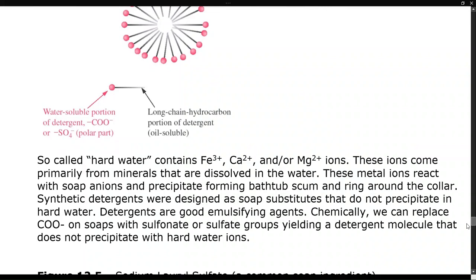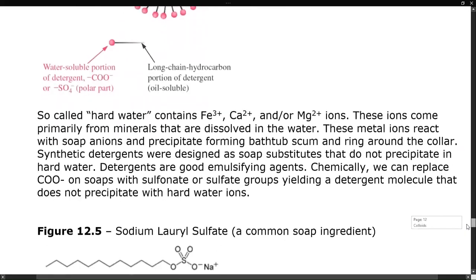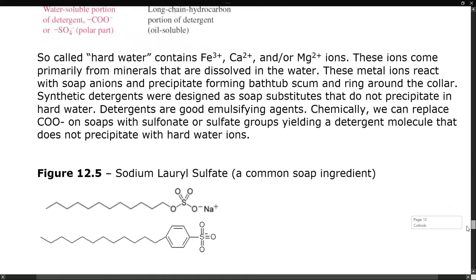Chemically speaking, we can replace the carboxylic acid group with a sulfonate group or a sulfate group and form sodium salts. The top one is sodium lauryl sulfate, and that would be a lauryl sulfonate at the bottom.